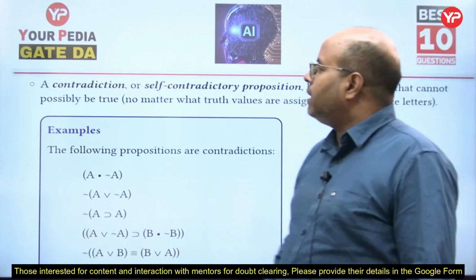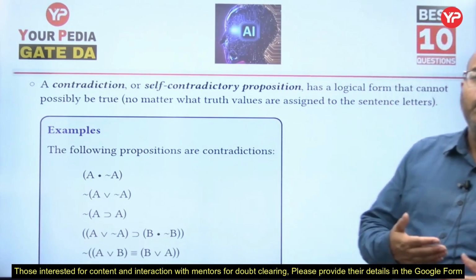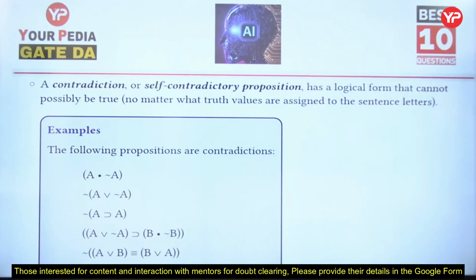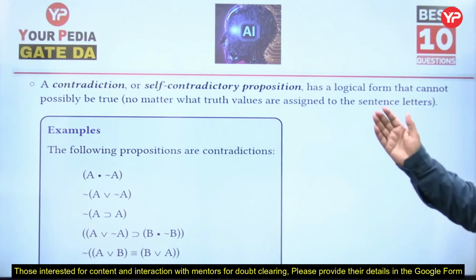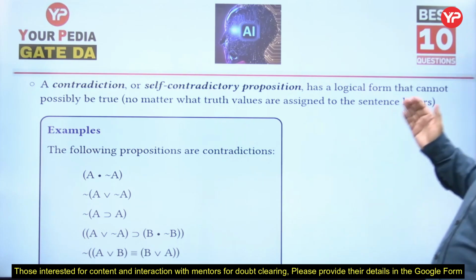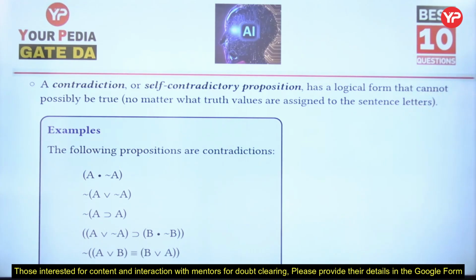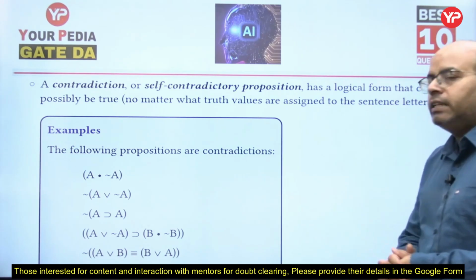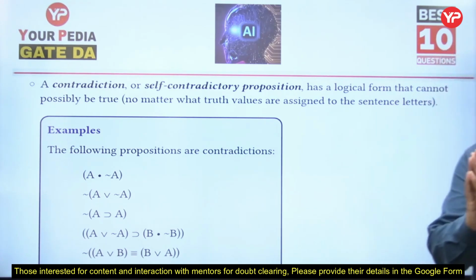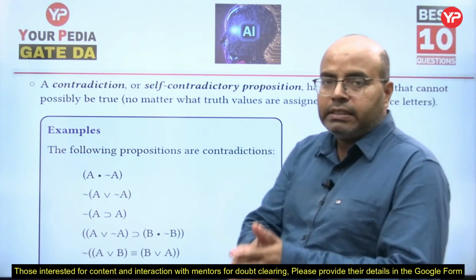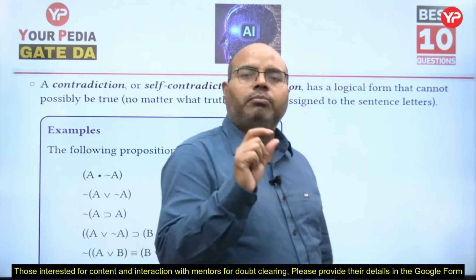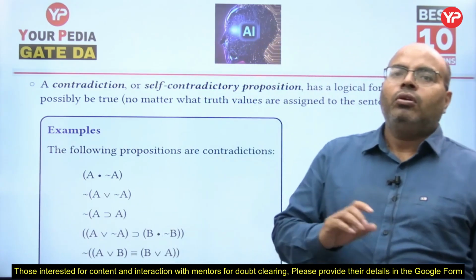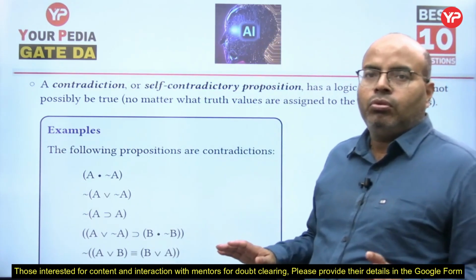There is contradiction also. Three types of statements are there: tautology, contradiction and contingency. In contradiction, what happens? It has a logical form that cannot possibly be true, no matter what truth values are assigned to the sentence. So if it's a tautology, whatever value you assign to the parts of statements A or B, P or Q, it's always true.